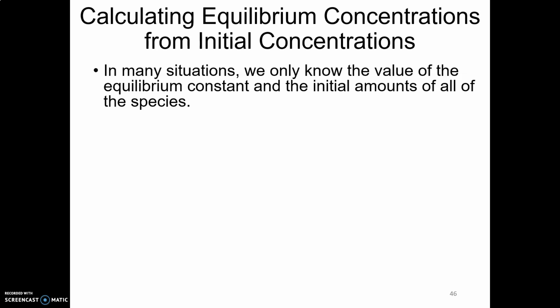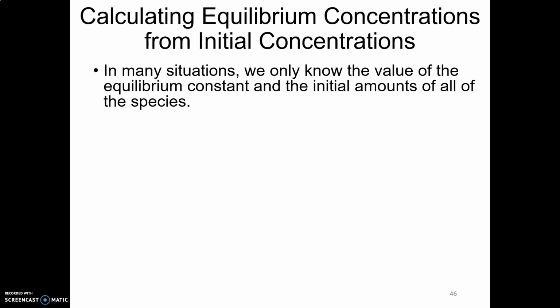Okay, so we've done some ice table questions, and we've done some calculations of K. We calculated K when we knew all of the equilibrium concentrations, so it was just a plug and chug into the K expression. We also calculated K when we knew all of the initial concentrations and one of the equilibrium concentrations.